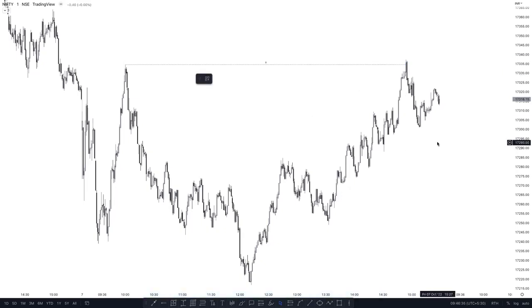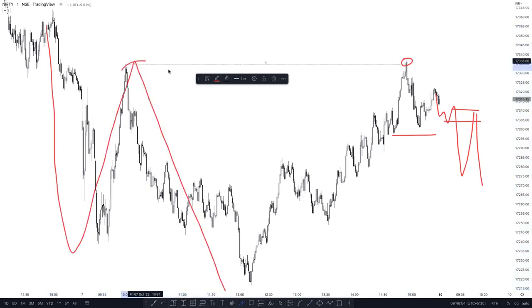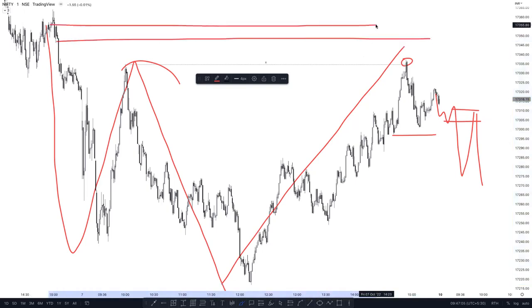We simply follow the same process: change of character right here, then wait for the flip or CHOCH, and then we can sell here also. But why are we selling here when price closes above it? Because this is our inducement for the higher time frame. So when price has taken out the inducement, it isn't necessary that price will tap on your order block, because the main thing is the inducement. We are taking risk here to sell because the market has taken out the inducement. This is simple.